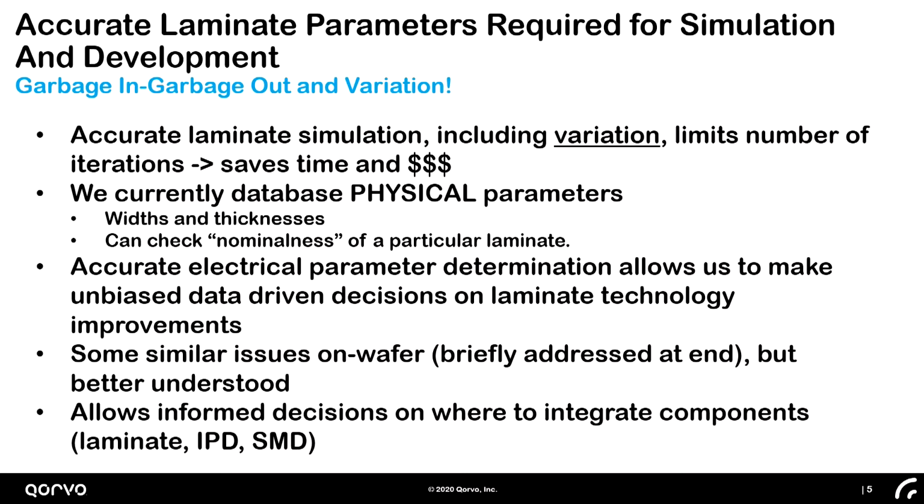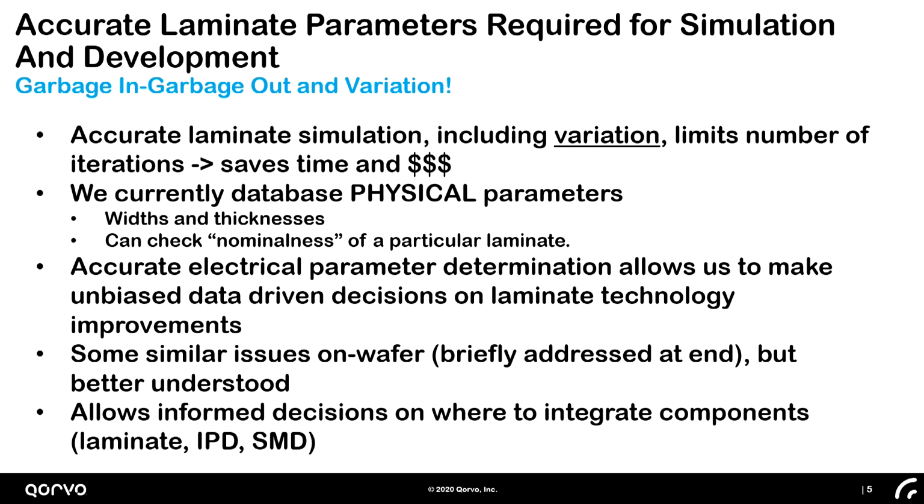The other thing is, besides modeling, having an accurate way to look at the electrical parameters of the whole laminate together, the dielectric and the metal, allows us to make unbiased, data-driven decisions on laminate technology improvements. Designers tend to get distracted by shiny objects, so this just removes that from the equation.